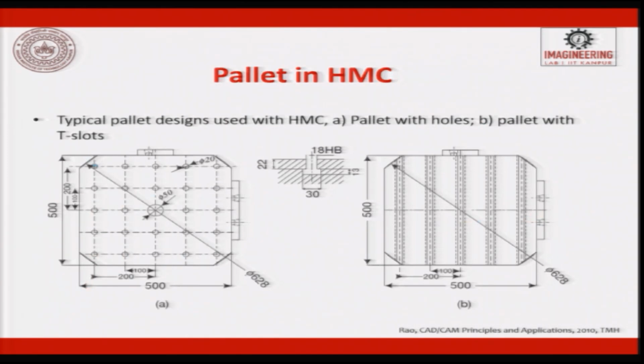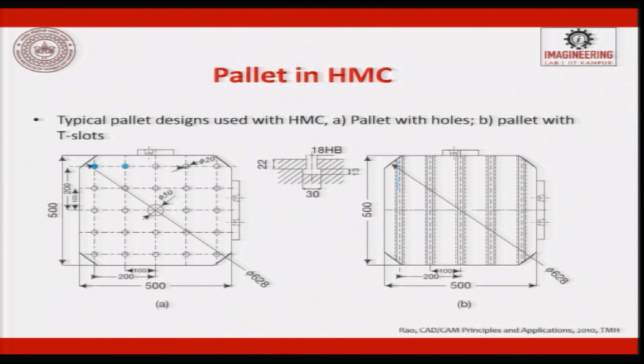In a pallet you can have a pallet with holes, you can have a pallet with T slots, these are all T slots. So, when we have these holes, through these holes you can push in a dowel pin and you can put a part and locate the part on it. So, this is basically helping you to locate a part on a pallet and you know the locations of all the points here.